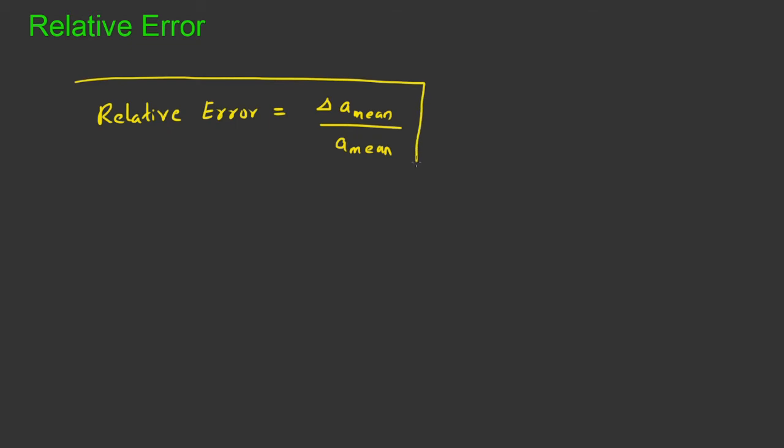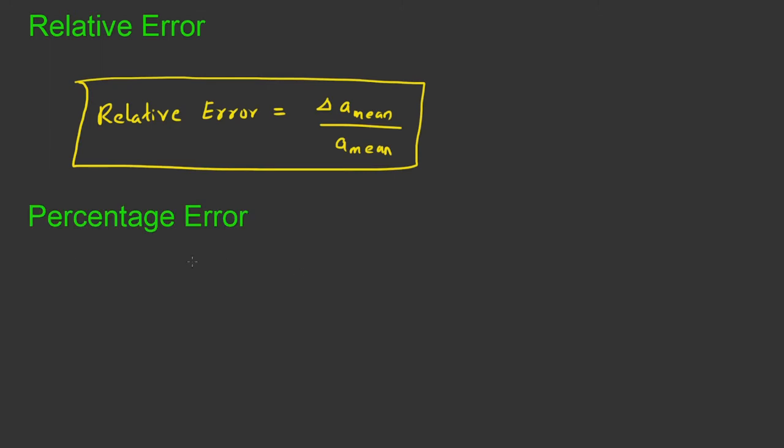The relative error or fractional error is the ratio of the mean absolute error delta A mean to the mean value A mean of the quantity measured. So relative error is equal to delta A mean divided by A mean.